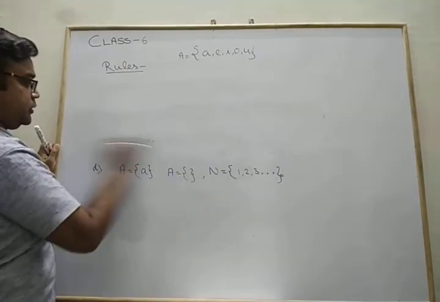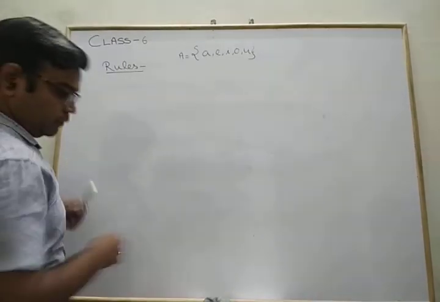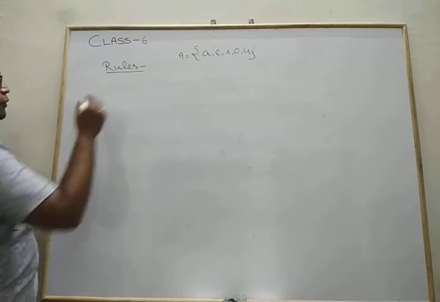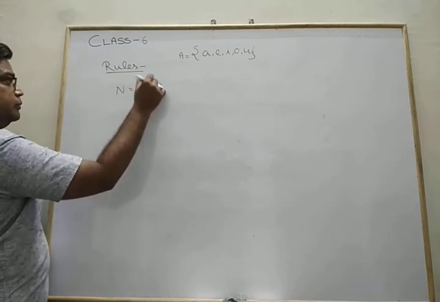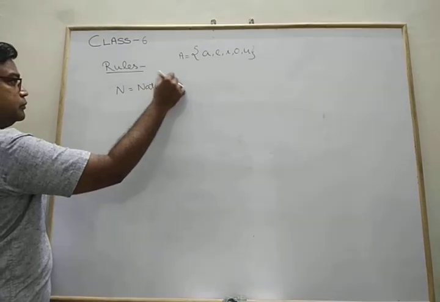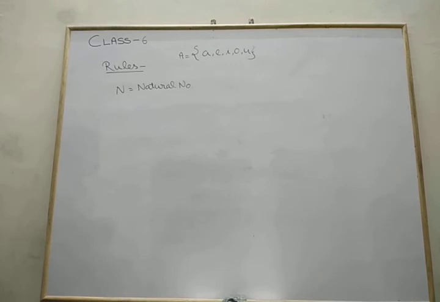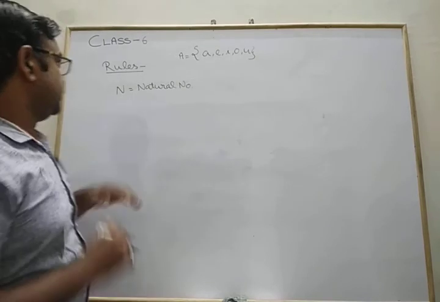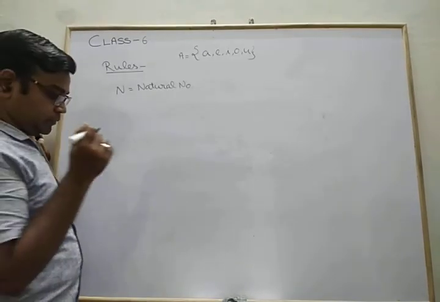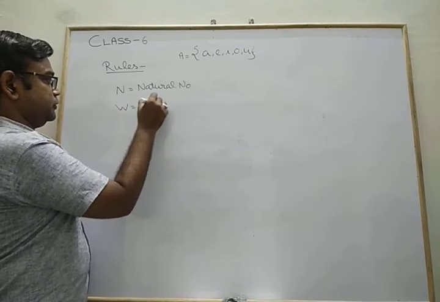First, N represents the set of natural numbers, so all the natural numbers come under this N. Then W represents whole numbers.